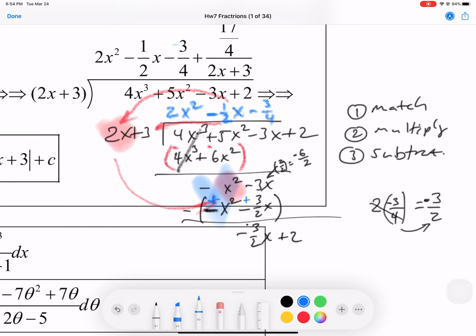We multiply down. We match, now we're multiplying down. We end up with negative 3 over 4 times 2 is negative 3 over 2x, which is exactly what we wanted. The 3 times the 3 becomes a negative 9 over 4. And then we match, we multiply, now we're going to subtract.